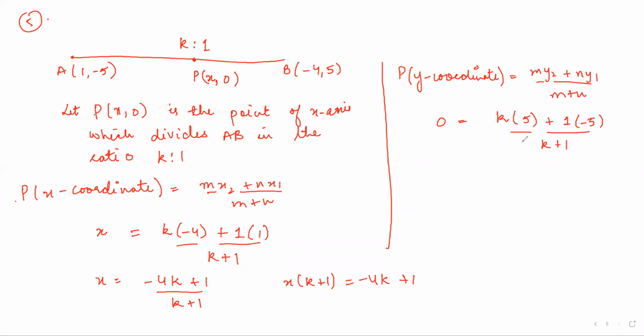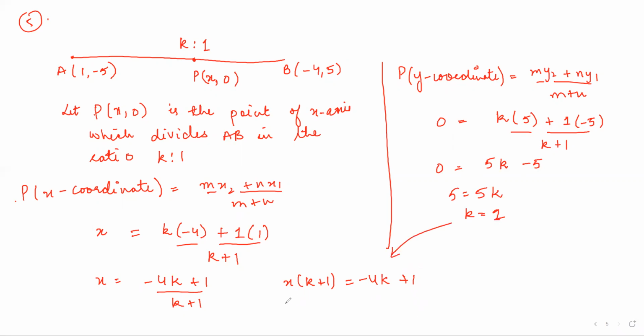Now this you can solve because the numerator will become 0. Cross multiplication, and you get 5k minus 5. You have only k here, and you can get the value of k. So bring this 5 here. So 5 is equal to 5k, or k is equal to 1. Now you put back k is equal to 1 here to find the value of x.